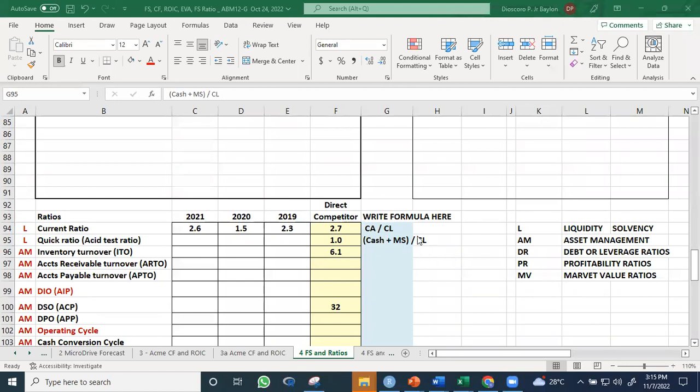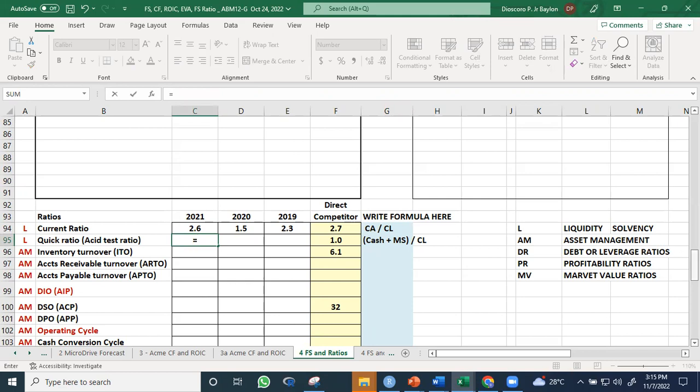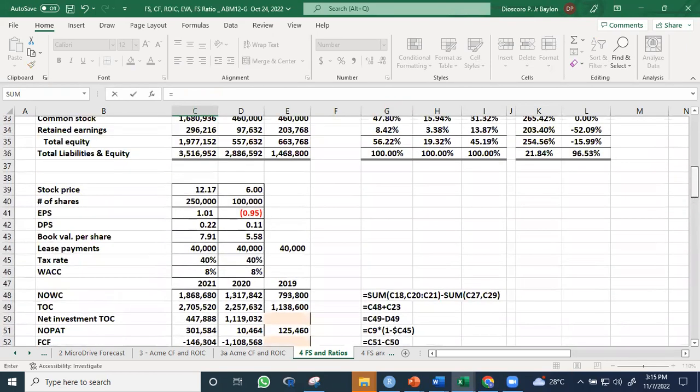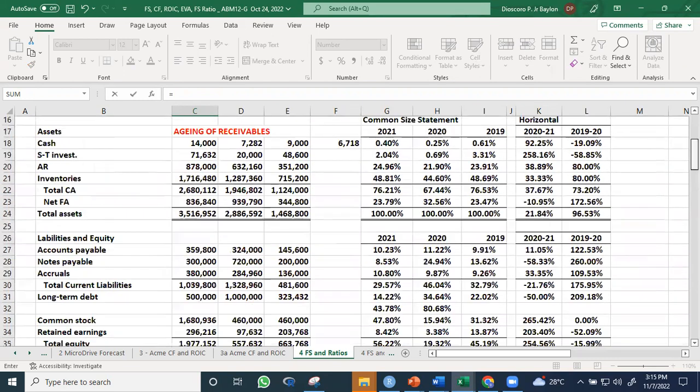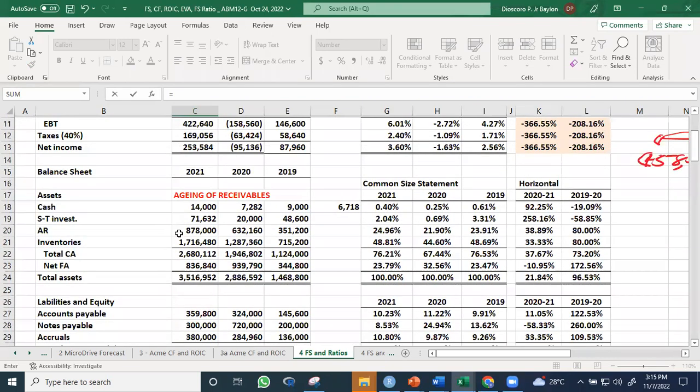Plus cash, divided by the current liabilities. Let's compute for that. Unless the company does not have any receivables or inventories, it will be the same as the current ratio.